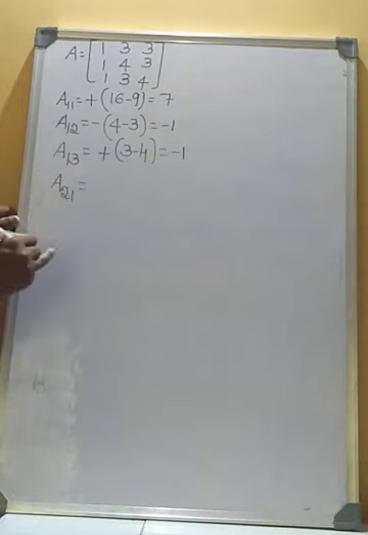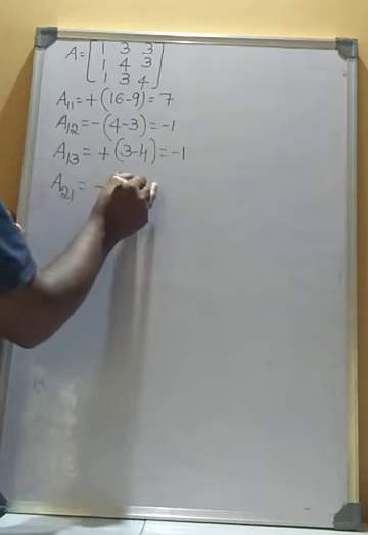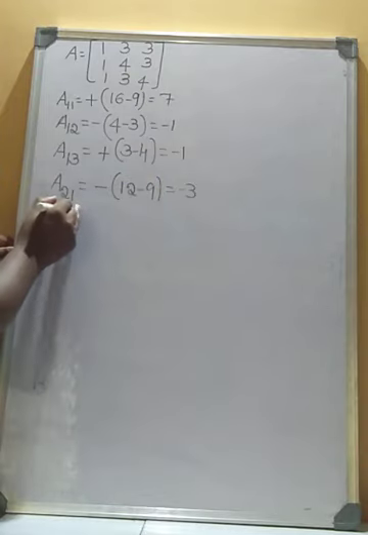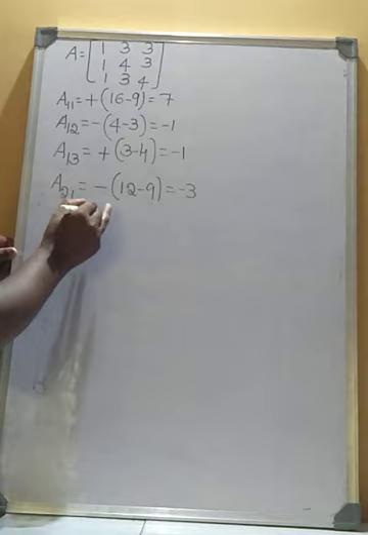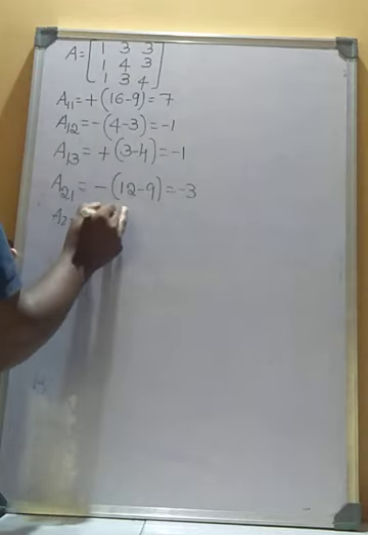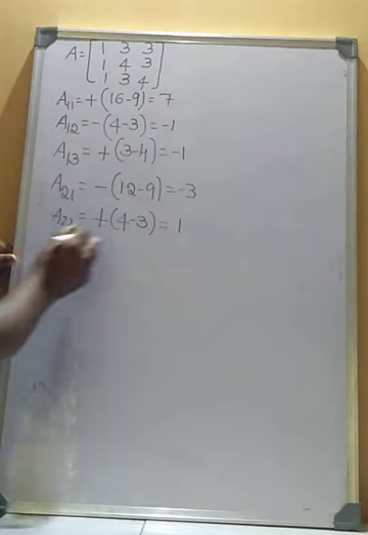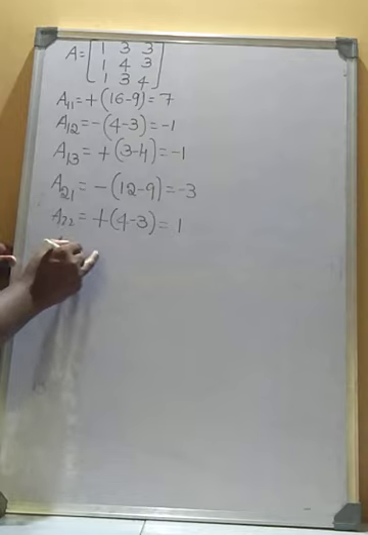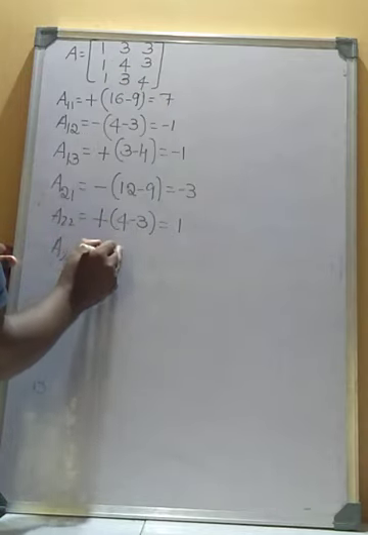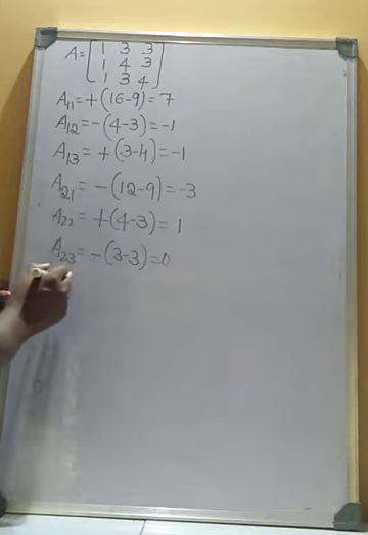A21: 4 threes, take sign minus, 4 threes are 12 minus 9 is equal to minus 3. A22 is equal to 1 fours are 4 minus 3 is equal to 1. A23: 3 minus 3 is equal to 0.